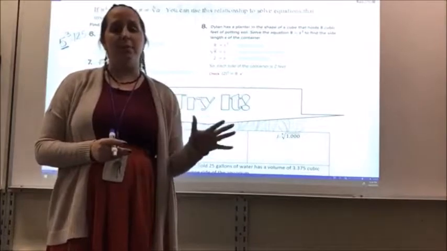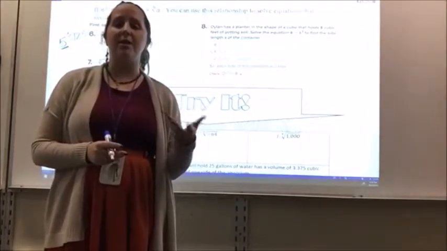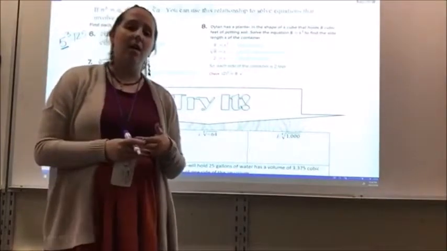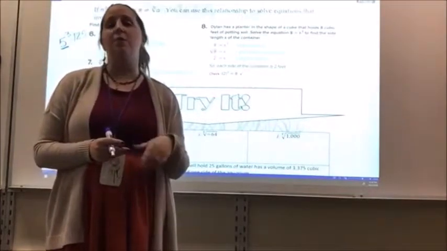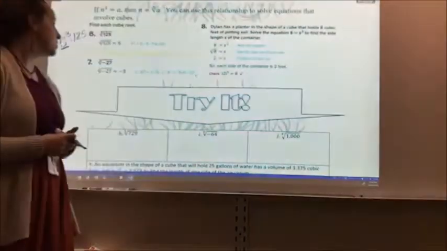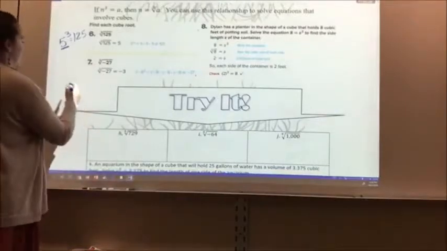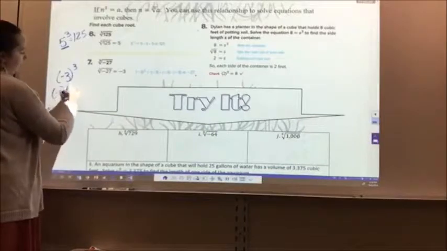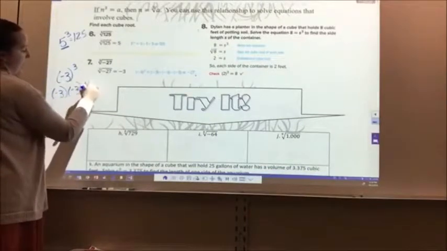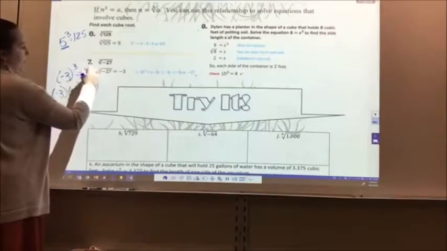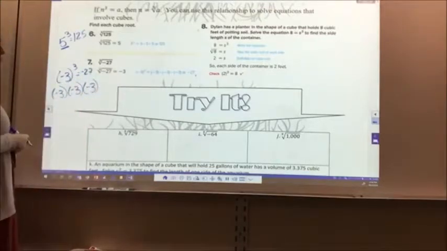We couldn't do it with square roots because when we multiply 2 negatives, we get a positive, so we couldn't actually get a negative number inside of a square root. We can with a cube because if you have an odd number of negatives, you'll still get a negative answer. So negative 27 is like saying negative 3 cubed, because negative 3 times negative 3 gives me a positive 9, times negative 3 gives me negative 27. Okay, so that's why the cube root of negative 27 is negative 3.